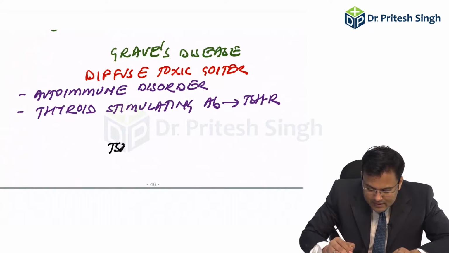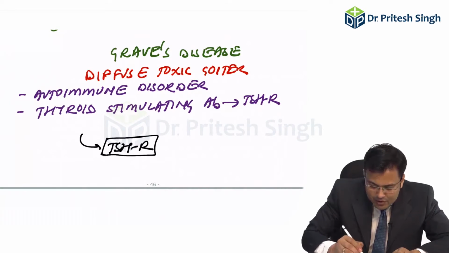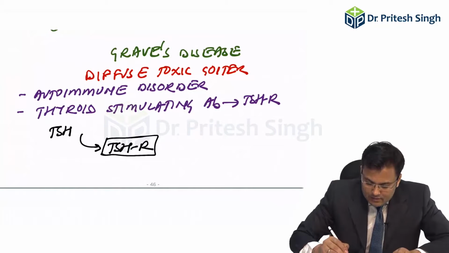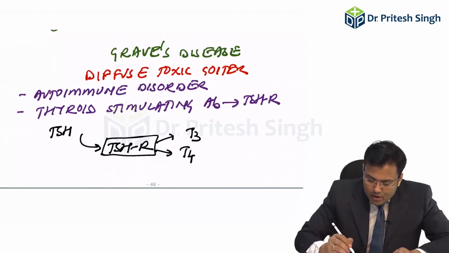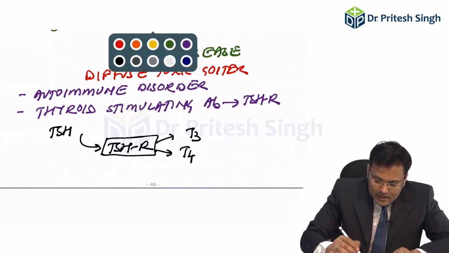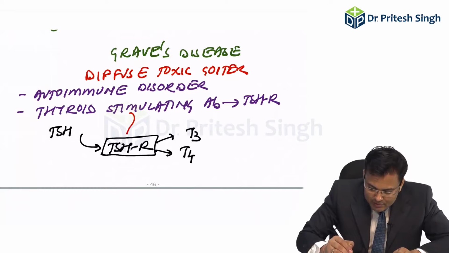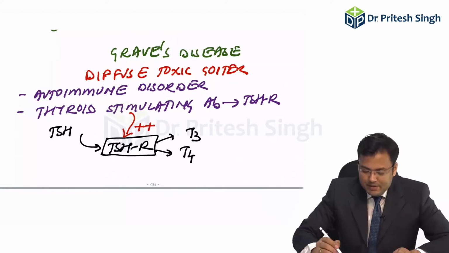This is TSH receptor. On this TSH receptor, which hormone is working? Obviously TSH. Because of this, there is release of T3 and T4. What's the problem in this case? This thyroid stimulating autoantibody is going to stimulate this TSH receptor.